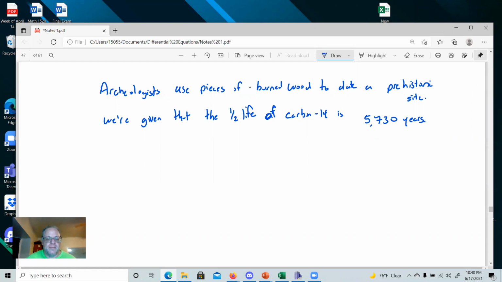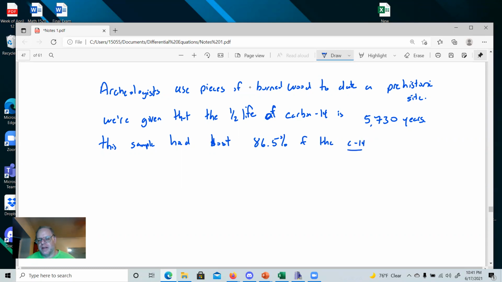They said that this sample had lost. Be careful when you're reading the problems here, because if you had college algebra at C&M, we would usually say it has so much remaining. This book decided that it's going to flip the script, and it said it has lost 86.5% of the carbon-14.